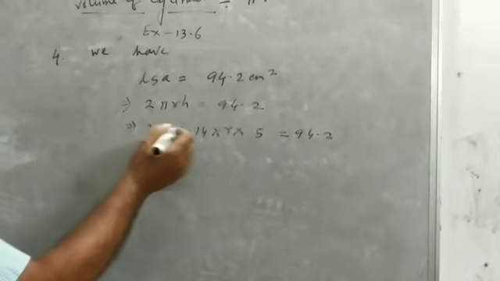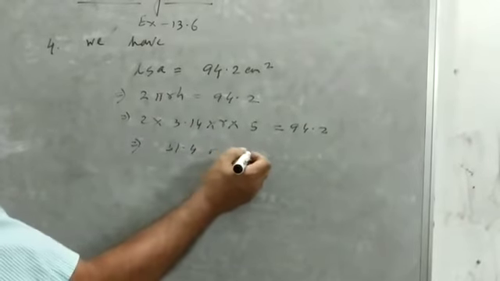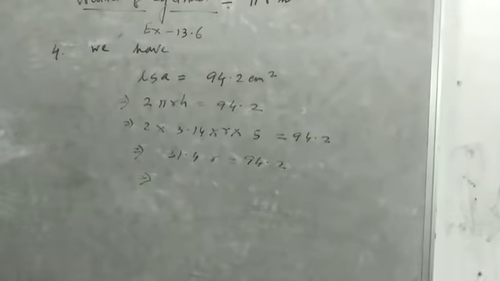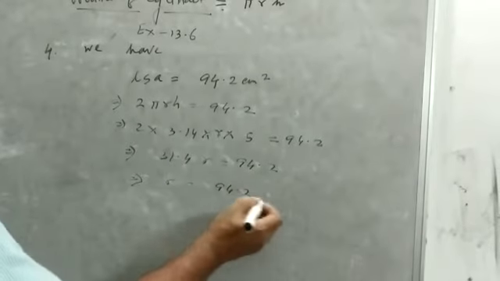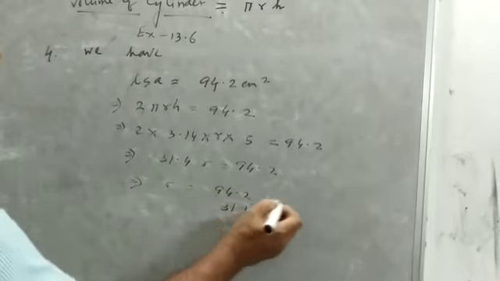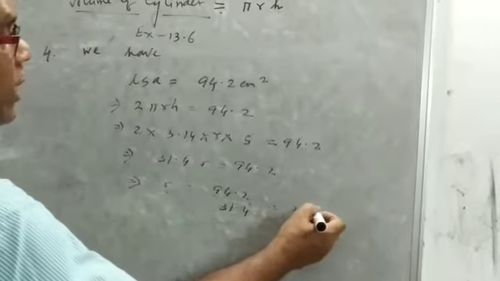Now you see, 2 × 5 is 10, so we can write 31.4 r is equal to 94.2, and it is clear that r equals 94.2 by 31.4, which is 3.